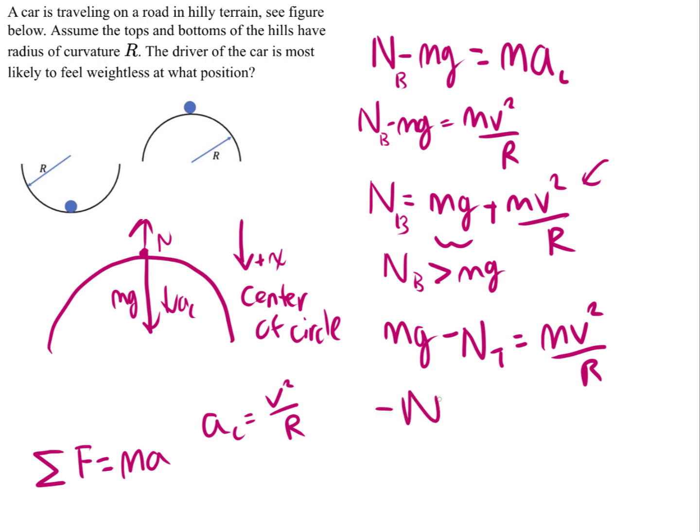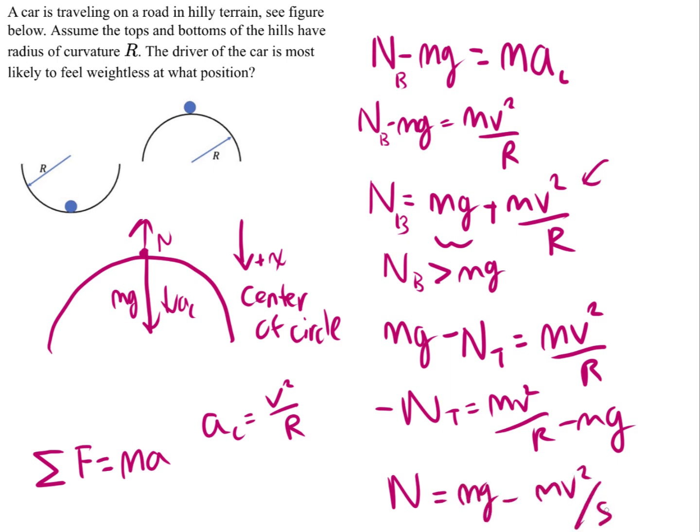Now all we need to do is solve for the normal force. So the normal force is equal to mg minus mv squared over r. In this case, the normal force is smaller than the force of gravity, since the centripetal force required is subtracted from the force of gravity.